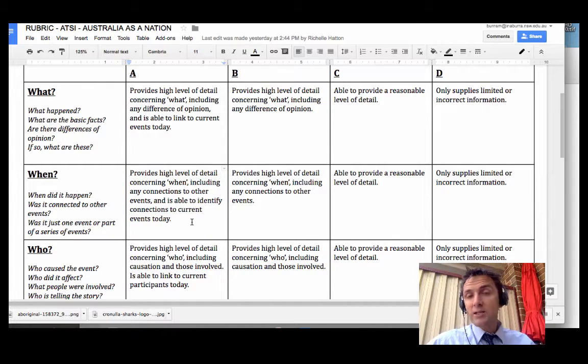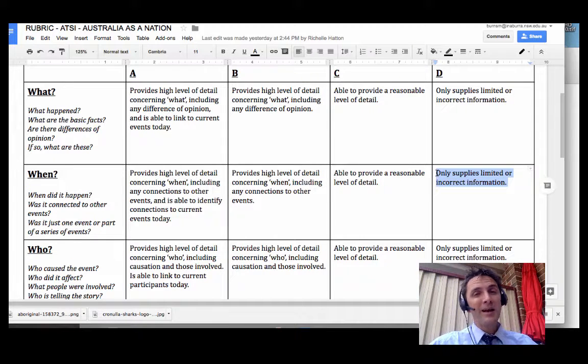Again, coming back to, for this A grade, time and time again, can you link it to current events today? You'll notice B still has a high level of detail and connections to other events, but it doesn't necessarily link it to today. C just talks about providing a reasonable level of detail, and D, well, you only give limited or even incorrect information. I'm not going to go through that rubric anymore.